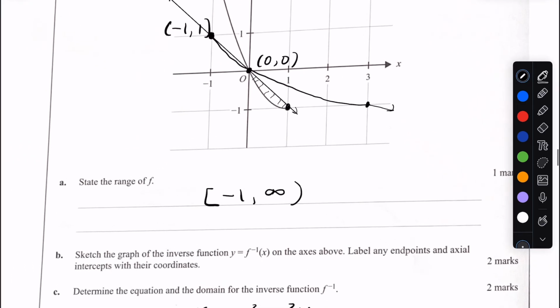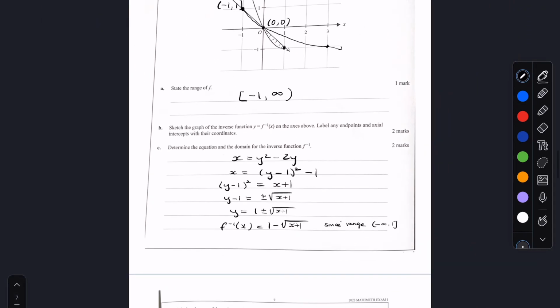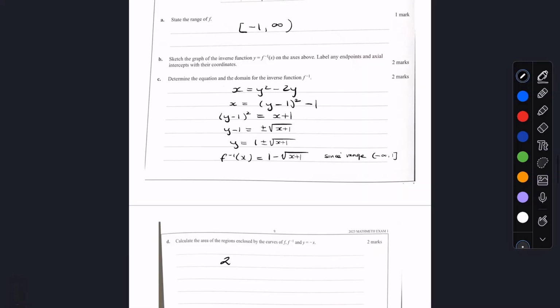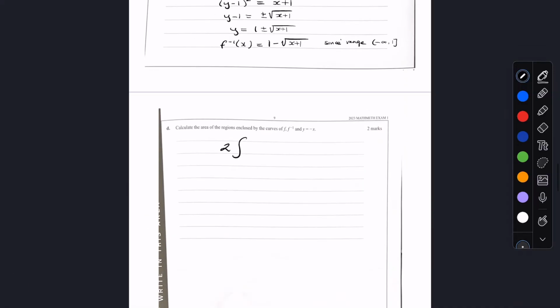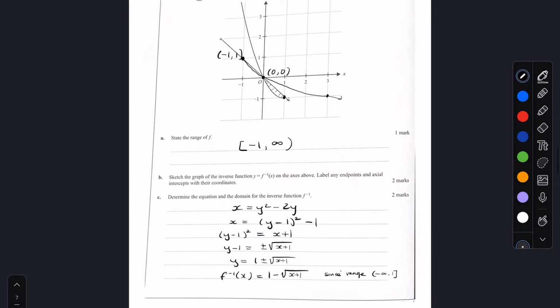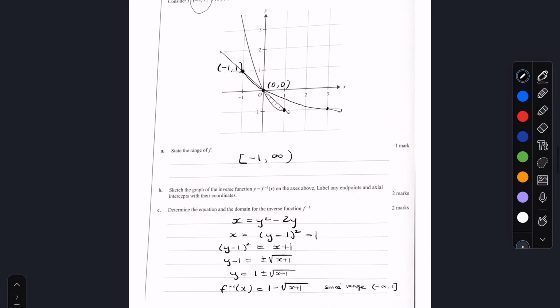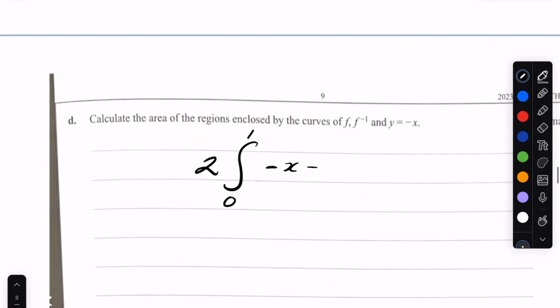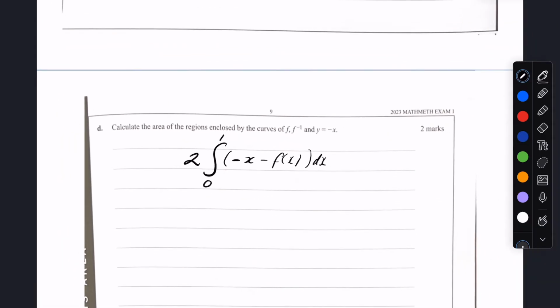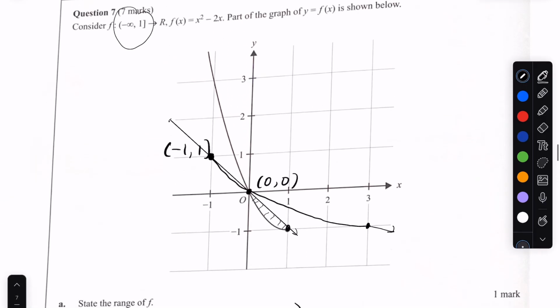So you can say that that's 2 times the integral from 0 to 1 of the line -x minus the f inverse of x. Yeah, and that's because, okay, so this is doubled. It just doesn't look doubled because my graph is a bit off, but it's this part and this part.